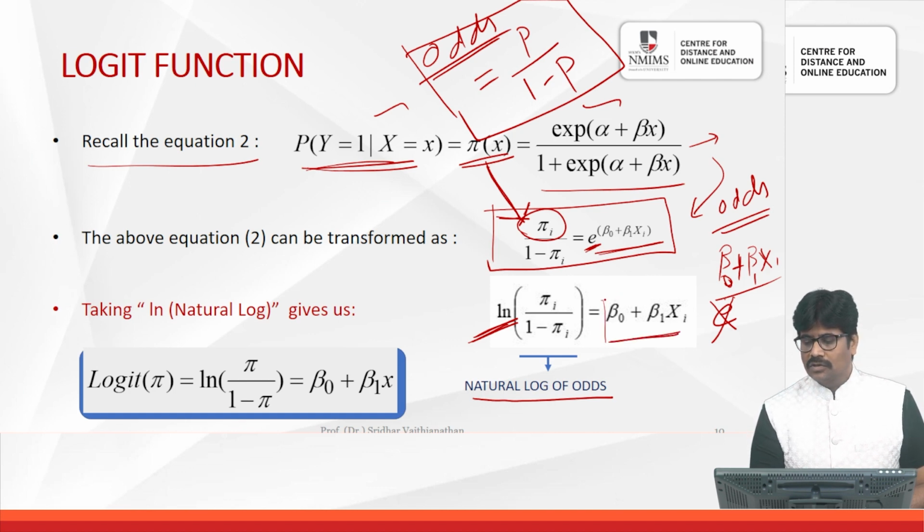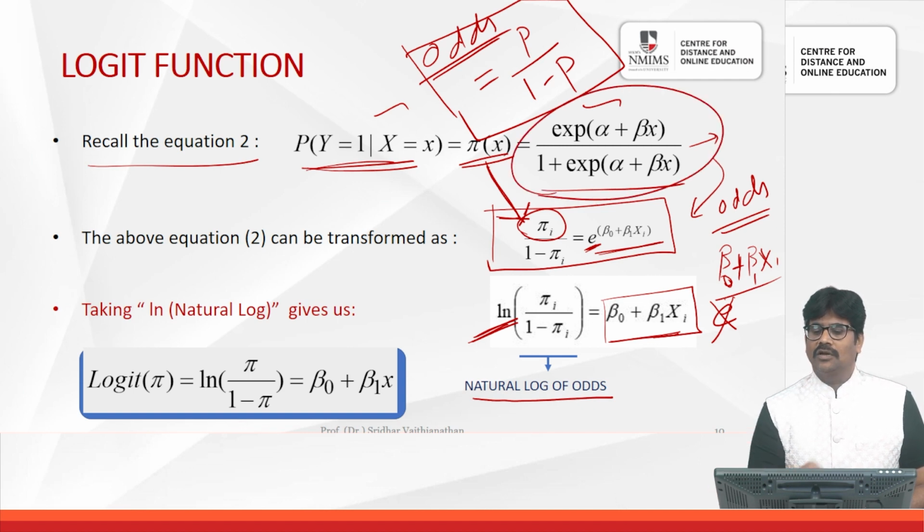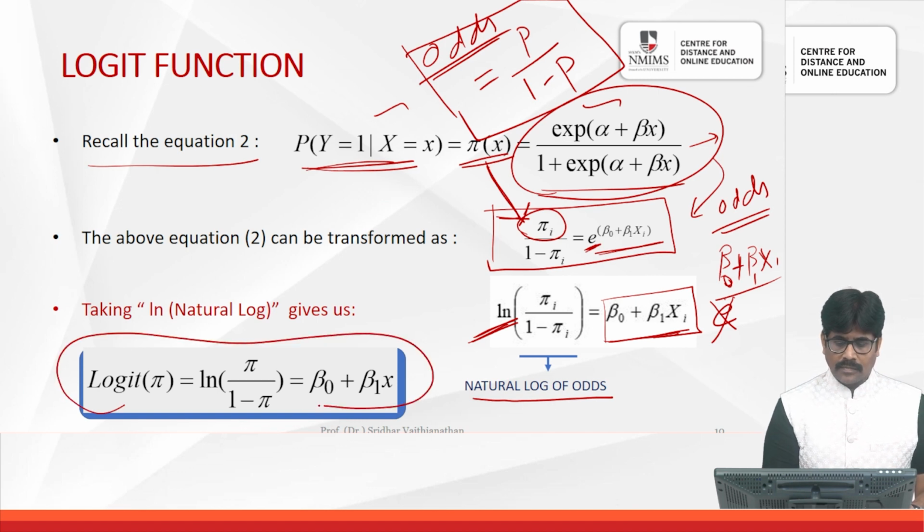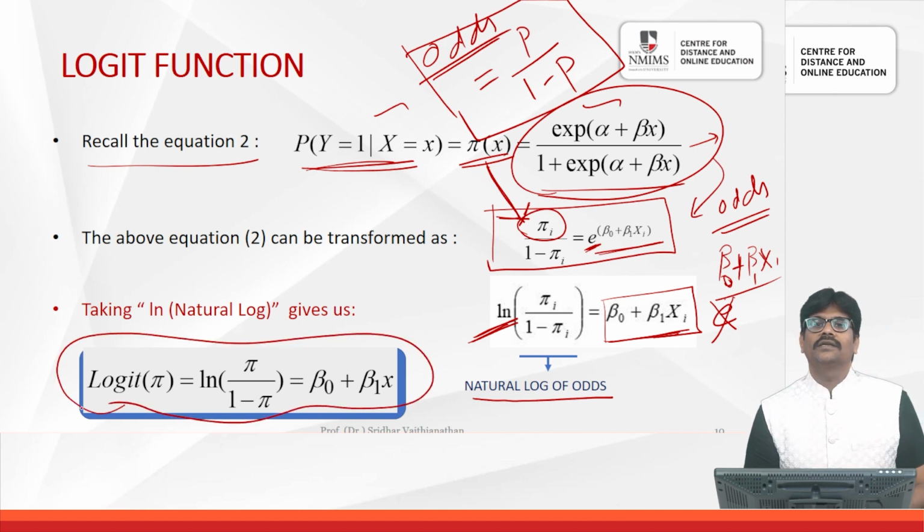So if you look at it, this is linearized. Earlier it was exponential of alpha plus beta x divided by 1 plus exponential of alpha plus beta x. Now in this case it is beta naught plus beta 1 x related to the LHS, which is your natural logarithm of odds. Now this is the final thing that we need to understand in terms of logistic regression, right?